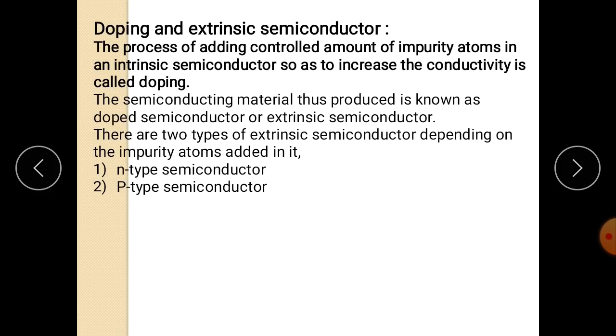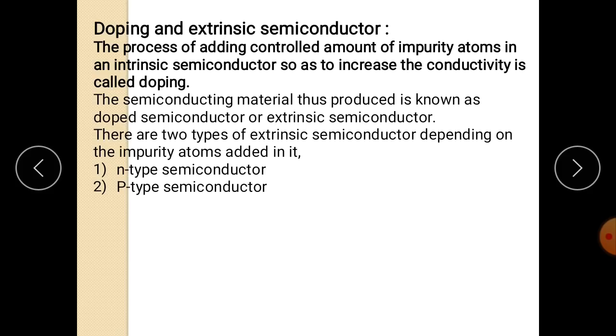The addition of impurity atoms must be in a controlled amount so as to get an adequate semiconducting material. It is about 1 part in 10 raised to the power 7.